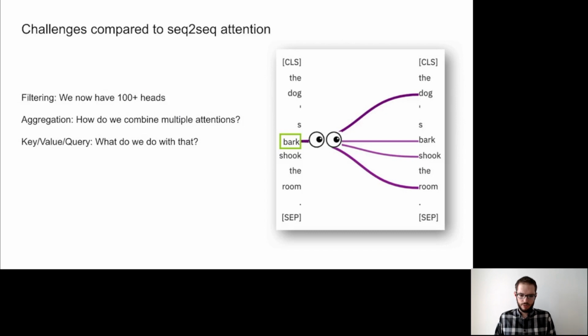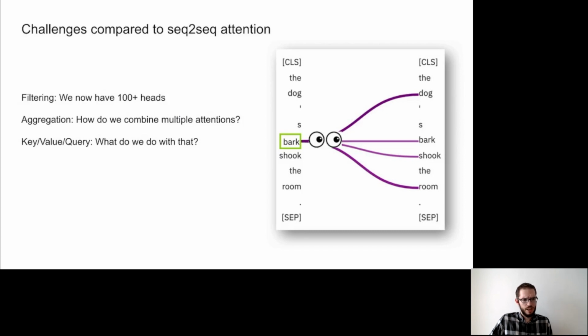So if you consider self-attention compared to simple attention, as you can see in a sequence-to-sequence model, we have a couple of other challenges that we need to address. For example, we now have more than 100 heads and 100 different attentions. So we need to somehow aggregate these heads, and that leads us to the question of how we combine them without losing any information.